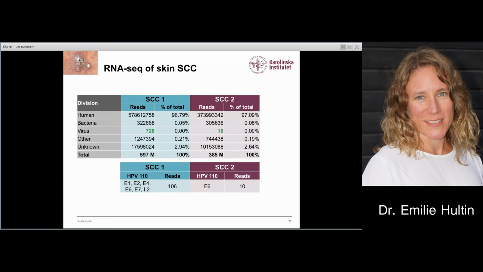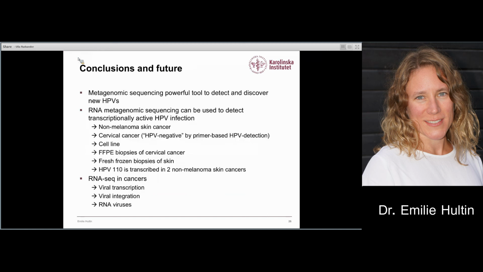So as concluding this lecture and talking a little bit about some future perspectives, we can say that metagenomic sequencing is a powerful tool to detect and discover new HPV types. And RNA metagenomic sequencing can be used to detect transcriptionally active HPV infection.